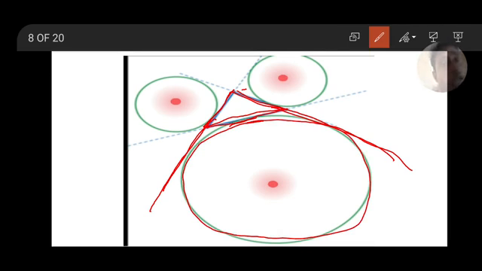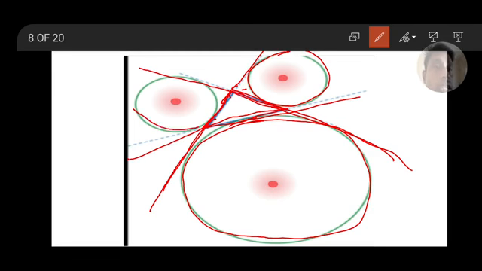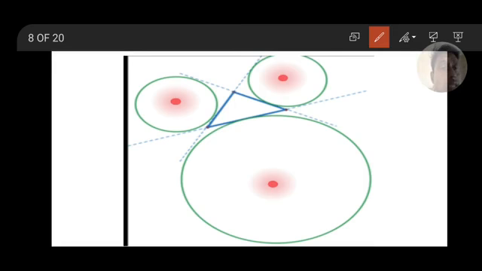This is one excircle. If you extend another pair of sides, this circle is the second excircle. Next, if you extend this side and this side, you get the third circle. In total we get 3 excircles.